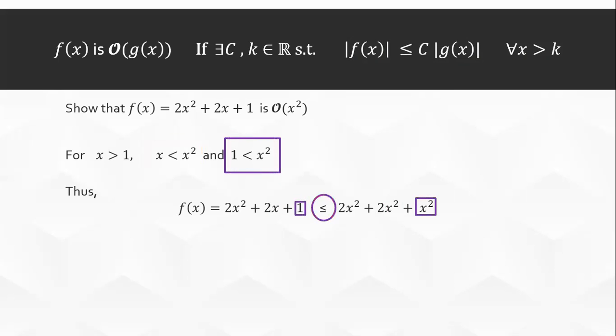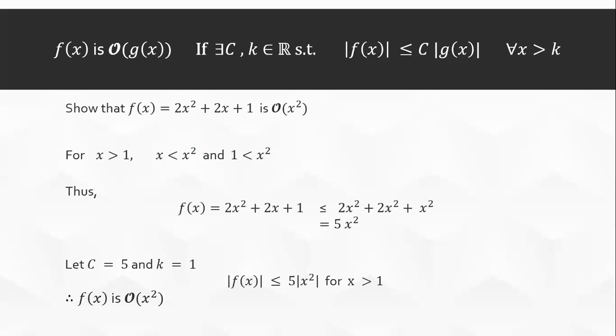I do the same thing with the constant 1. As long as I'm swapping it out with something greater, x squared is greater than the constant 1. So that inequality holds. Do some reduction, you get 5x squared. So if I let c equal 5 and k equal 1, because everything followed from x being greater than 1, I got my 5 from that manipulation and closing up with that arithmetic.